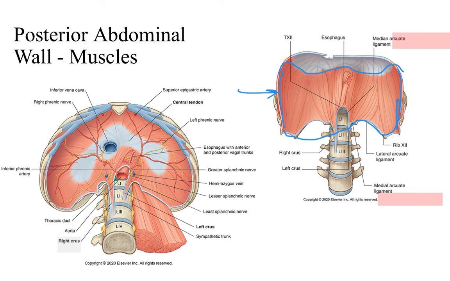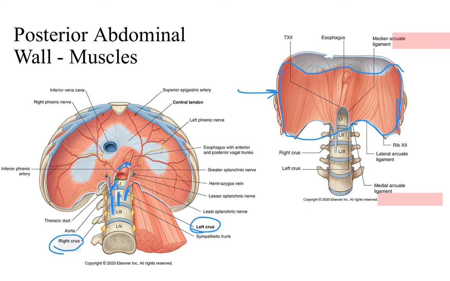And what I want to point out about the diaphragm are the right crus and the left crus right here, which form the borders of what we talked about earlier, the abdominal hiatus or aortic hiatus, where the aorta goes through, and also, if you see this green right here, the lymphatic trunk.